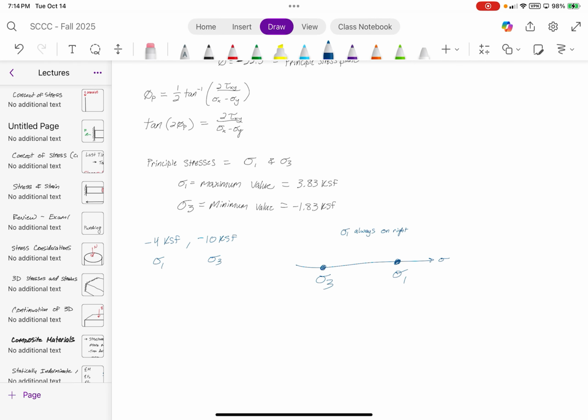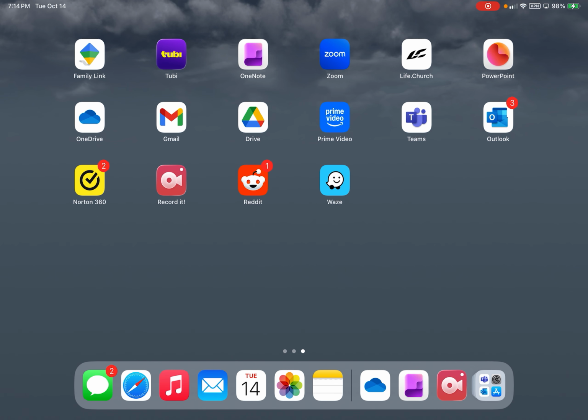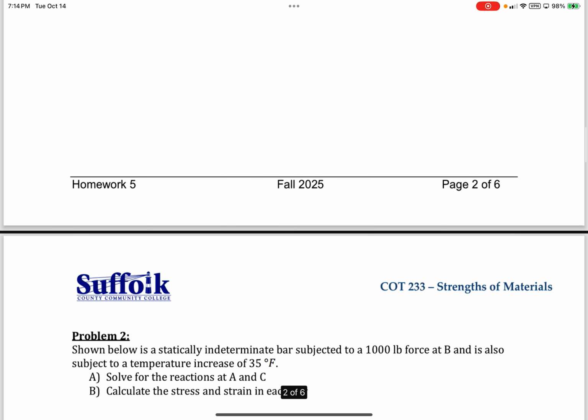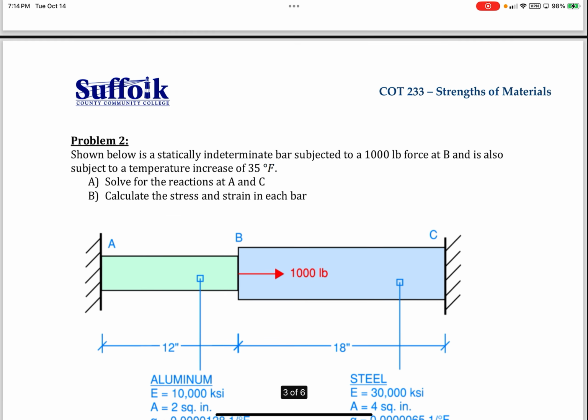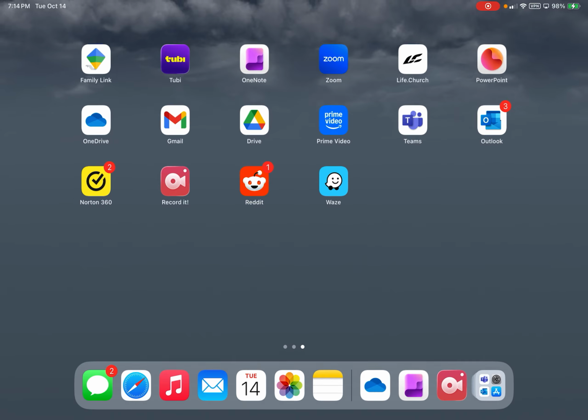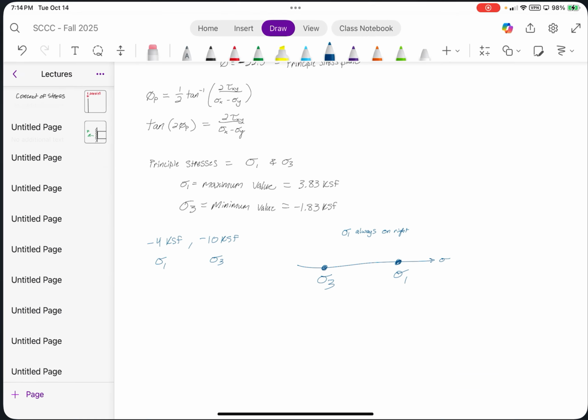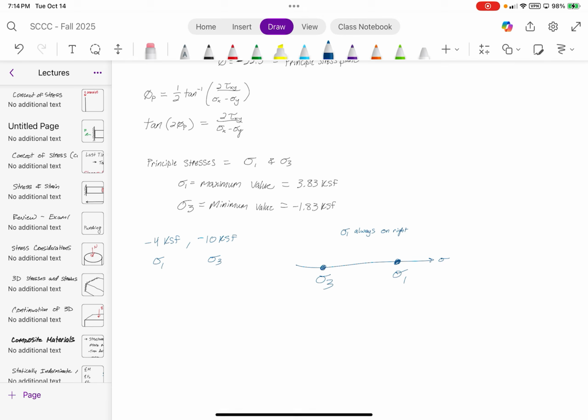It's this, but with the additional temperature. That's why I was confused. Let me check that. Because if I gave you guys that, that's the hardest problem I think I've given you guys. Oh wow, I gave you guys a fun problem to work on.